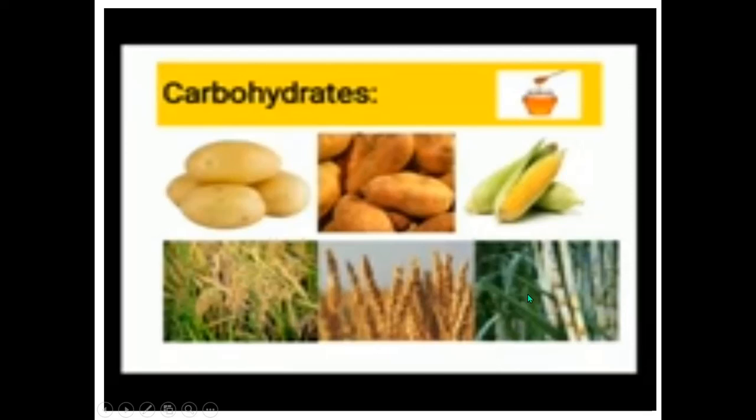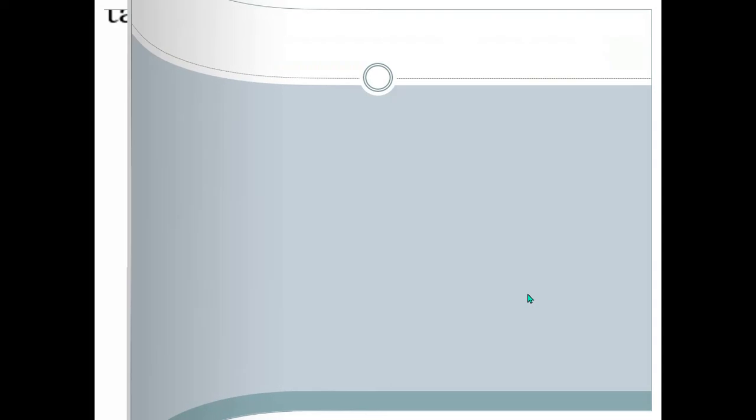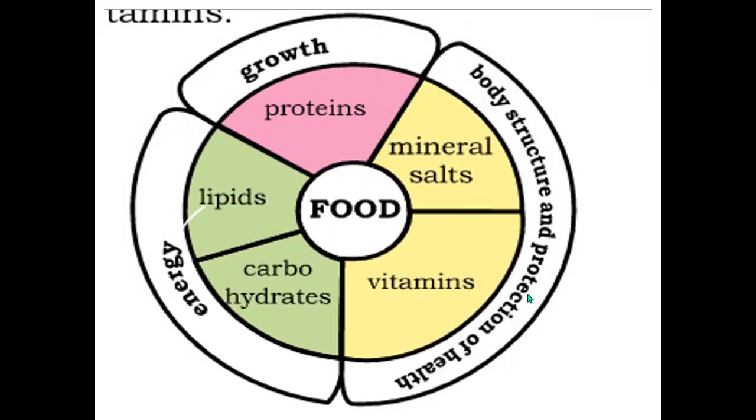It is very important to have carbohydrate in our food. Why is it very important? It will give energy to the body. If we are not having carbohydrate in our food, what will happen? One can suffer from weakness.